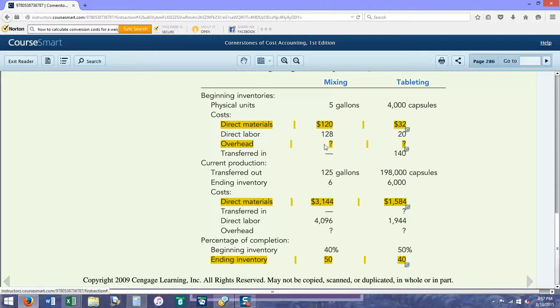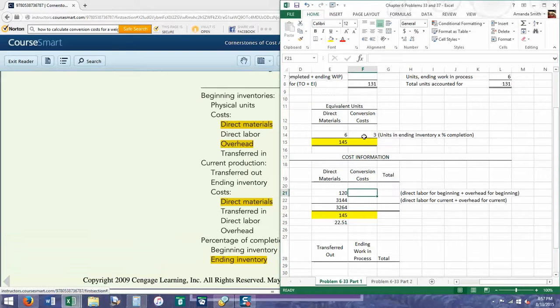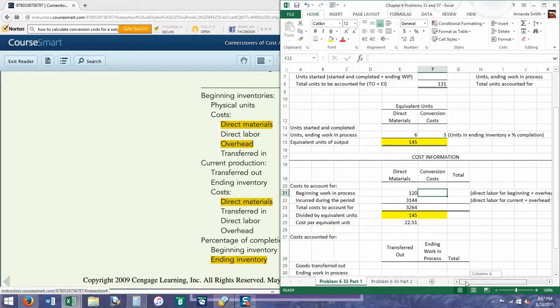We would take 200% of $128 to get your overhead amount. Then you would add the 128 plus whatever your overhead amount is, and that is what you would get for the amount of your conversion costs for beginning work in progress.